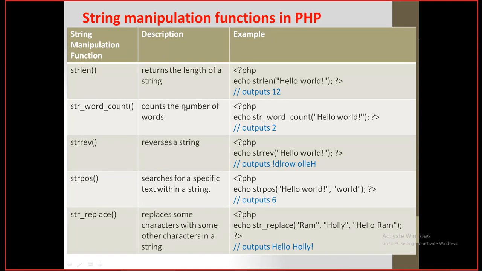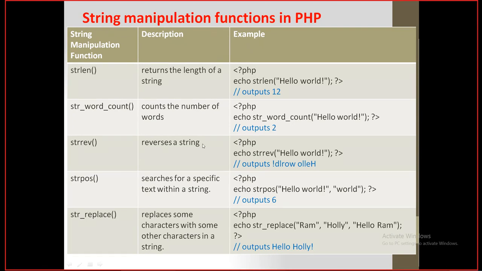It returns the length. str_word_count. Whatever string we are passing to this function, it computes the number of words based on the white spaces it observes, and then it gives the total number of words as a returning value.